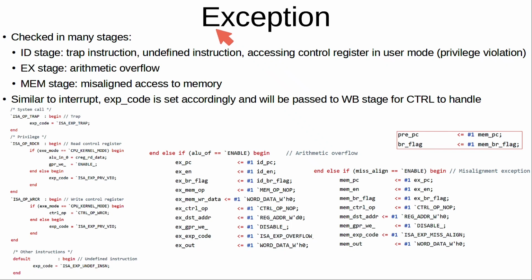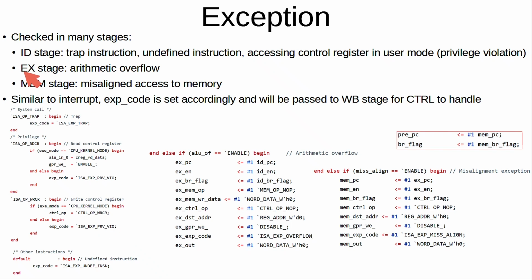Unlike the interrupt, exception will be checked in many stages. For example, in the decoder stage, we can check the exception due to the trap instruction or undefined instruction, or when we are accessing the control register while we are in the user mode, which is a form of privilege violation.